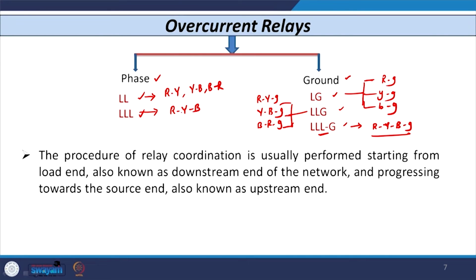So, the overcurrent relay, either phase or ground, has to detect phase faults or ground faults. The phase relay is responsible for detection of phase faults, and the ground relay is responsible for detection of ground faults. So, in the procedure of relay coordination, we have to decide the setting of the relay, and the other relay settings come with reference to the setting of the previous relay or any other relay located near the load end.